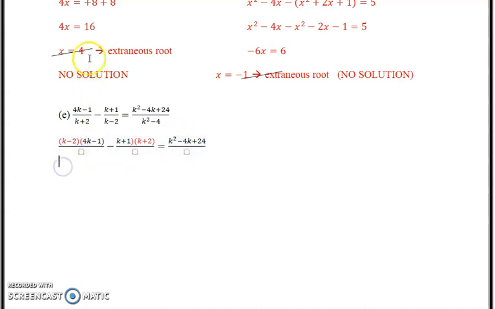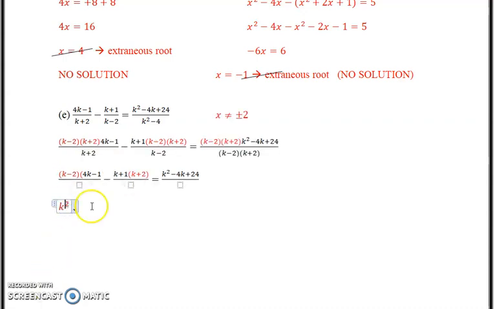So now we have to start multiplying. I'm going to make it all one color now. So we have k squared, and we're going to multiply everything out here.